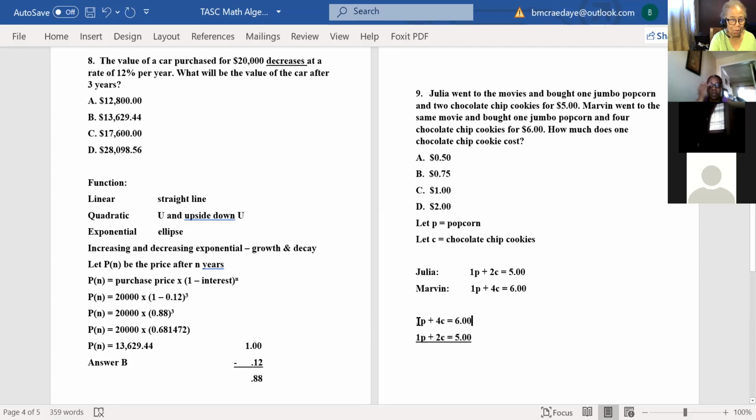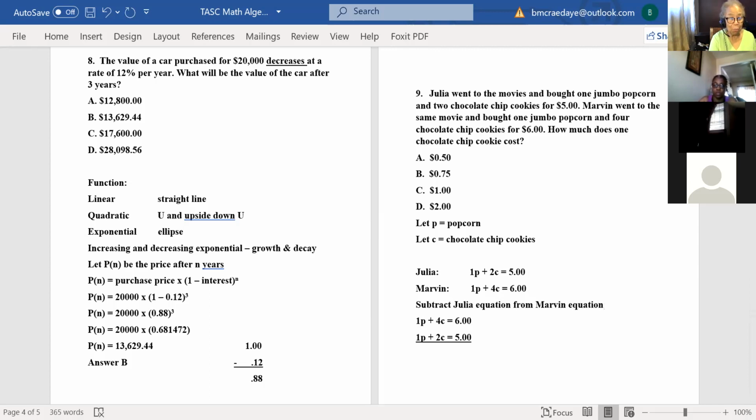So what we're doing is subtracting the Julia equation from the Marvin equation.